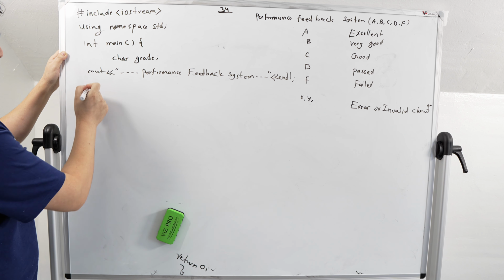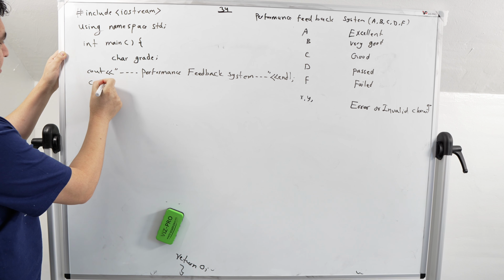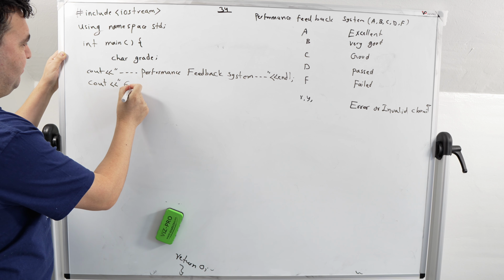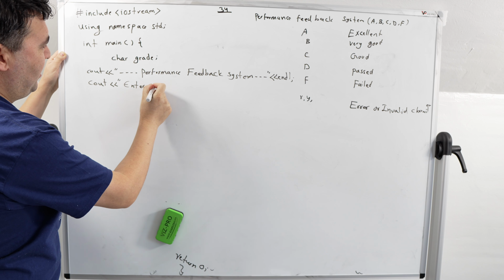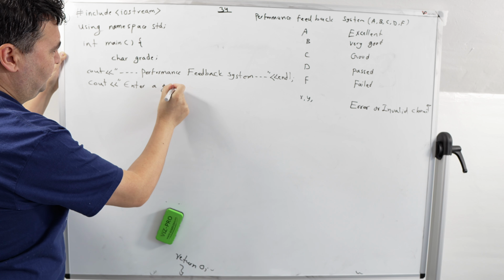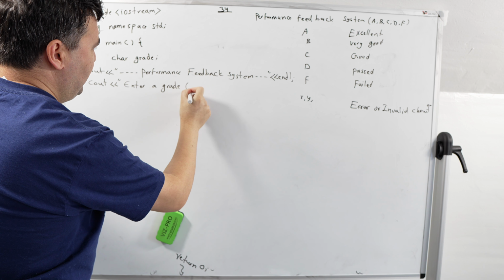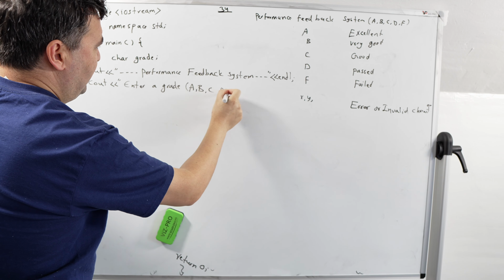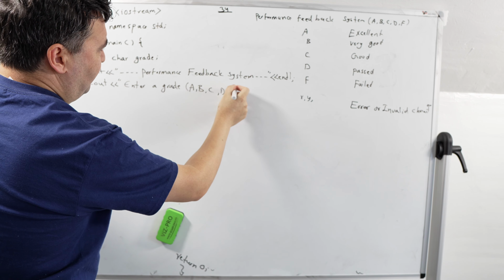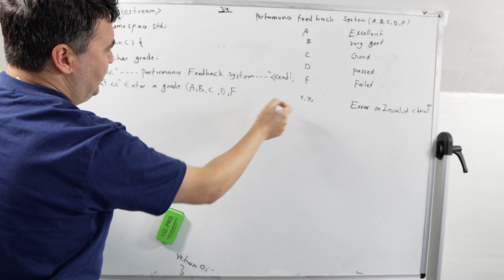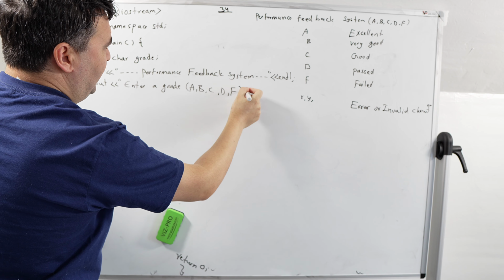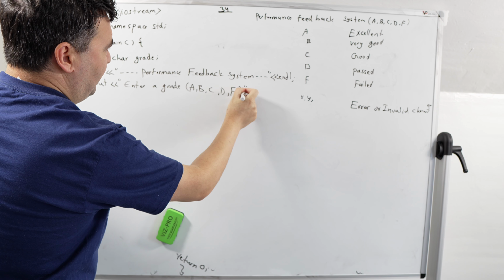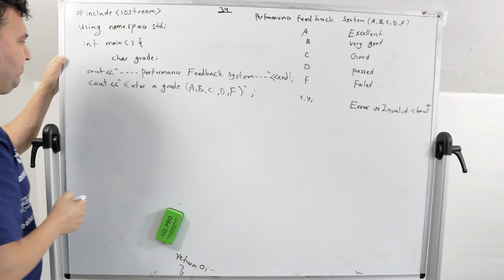And here we use cout again and ask the user, enter a grade. A grade should be like A, B, C, D, F. And then close the quotation, and then a semicolon.